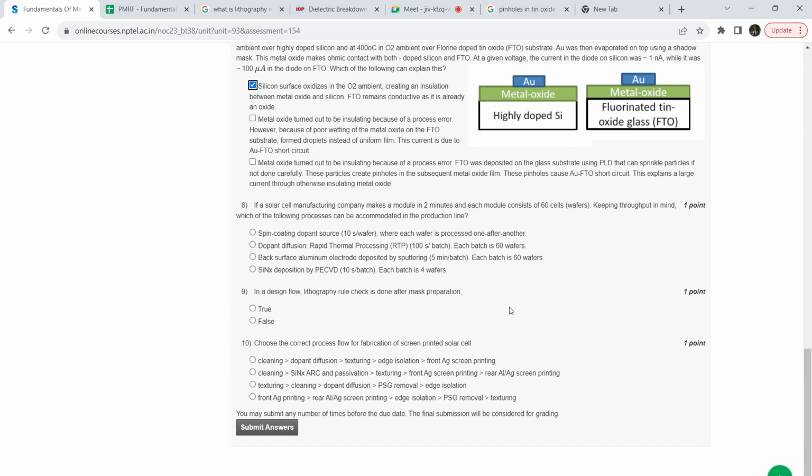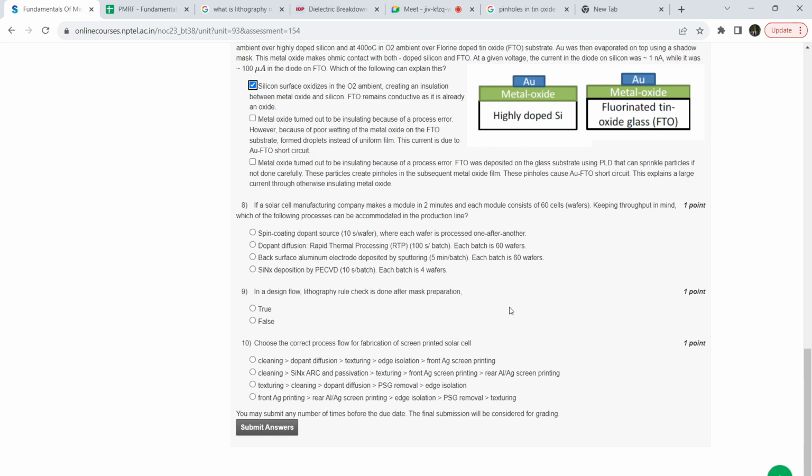That should be accommodated, correct? Two minutes and each module consists of 60 cells. Yes, all the 60 cells should be processed under 2 minutes. I think that is the idea.